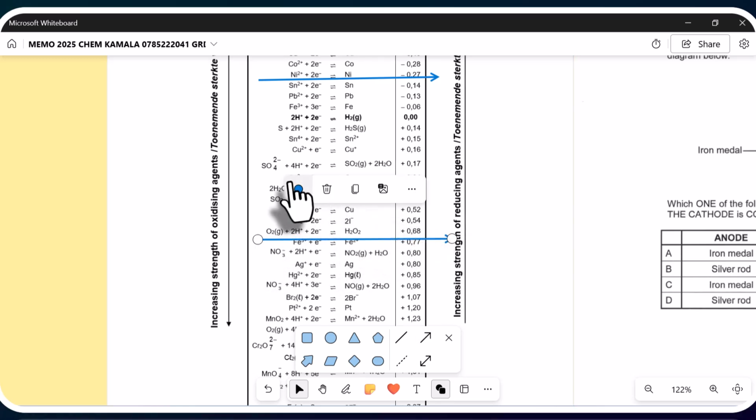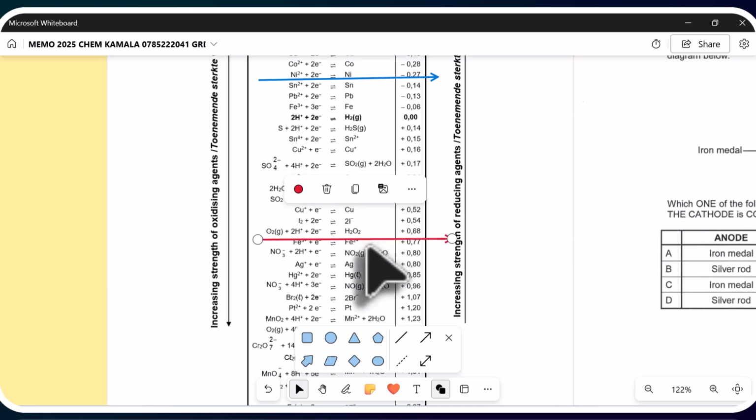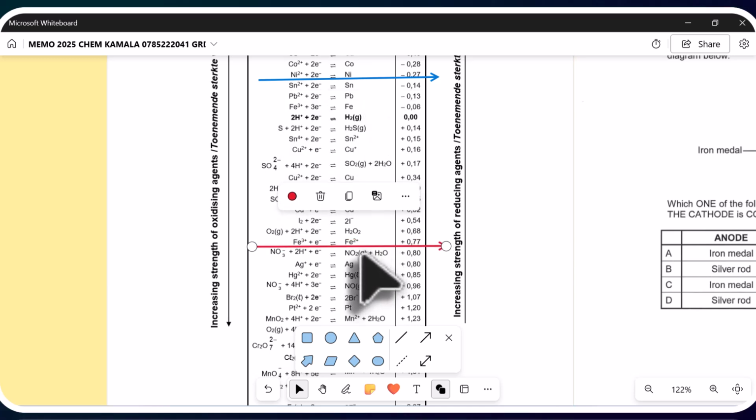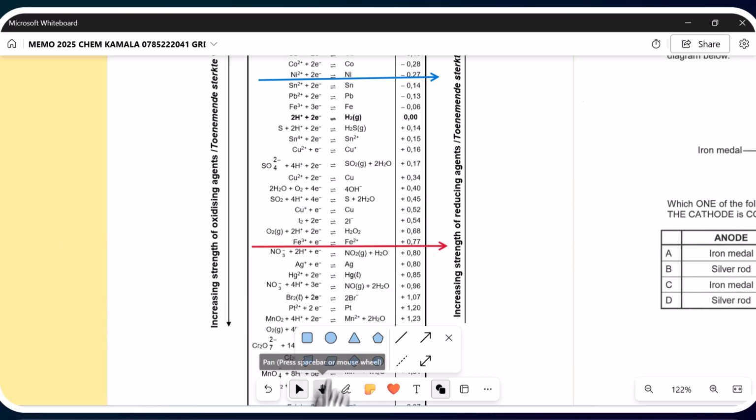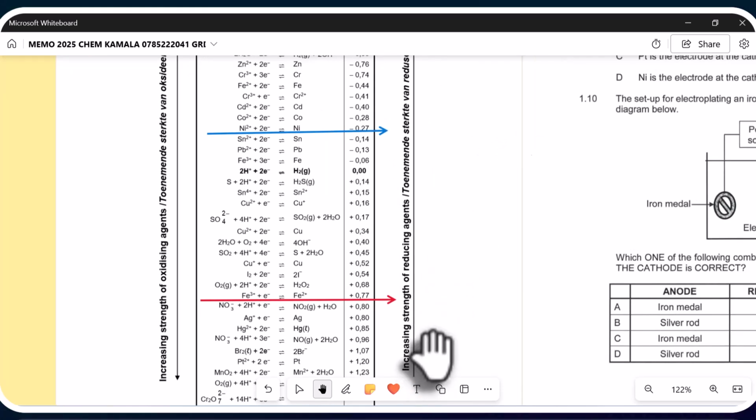It means that the nickel is more reducing than the iron 3. And so because of that, our nickel is going to constitute the anode. So this is the anode. Okay, the anode, and then the iron will constitute the cathode. Okay. All right.